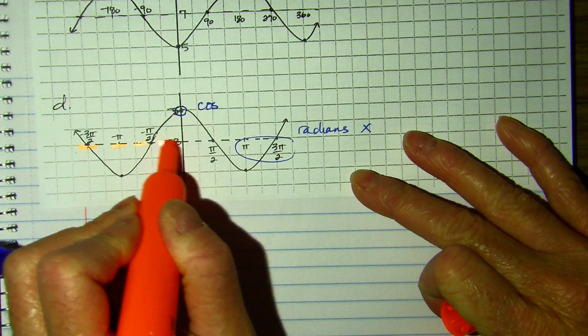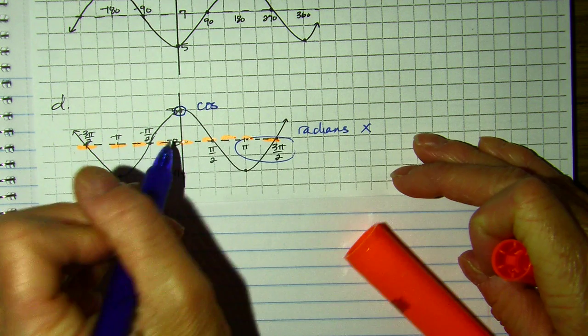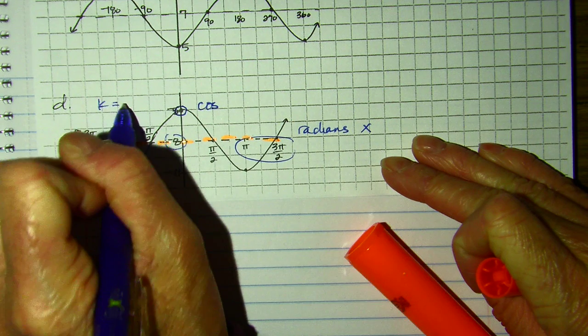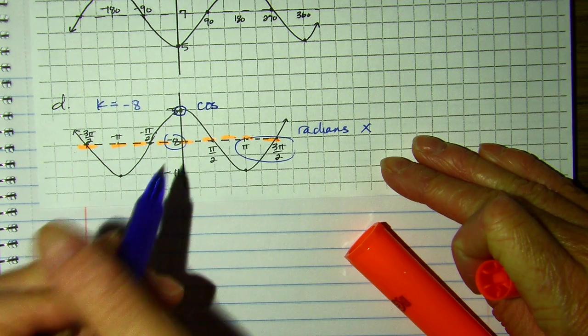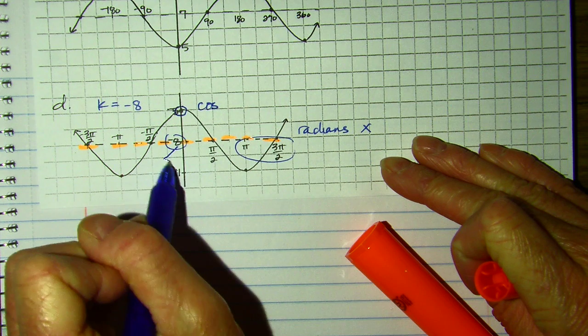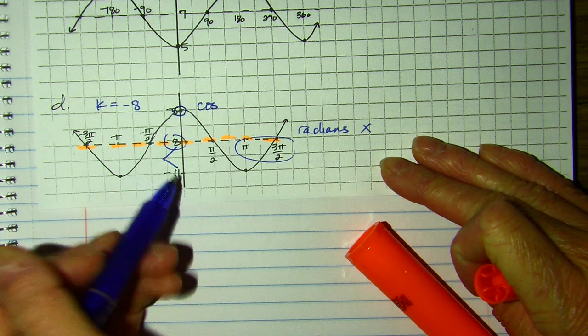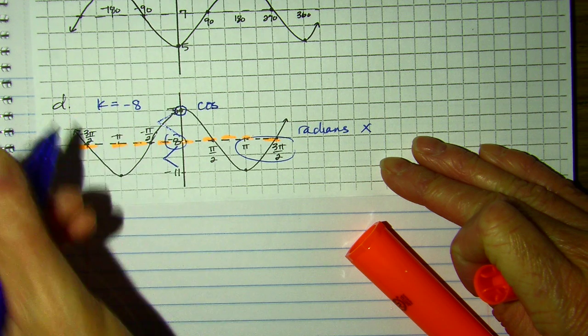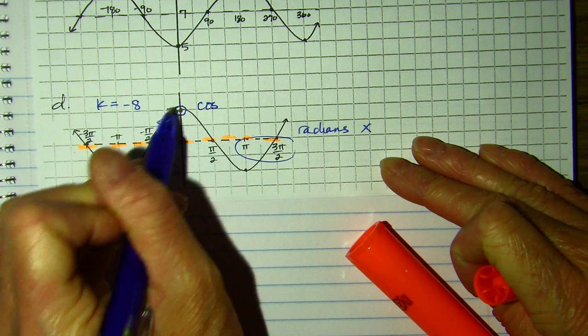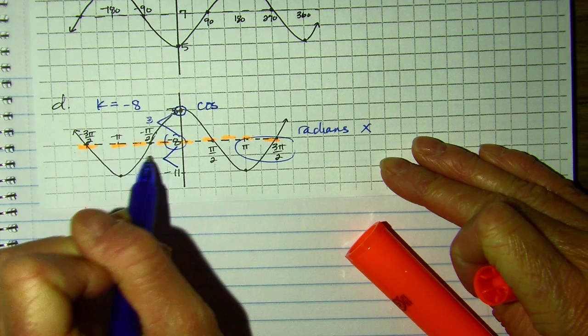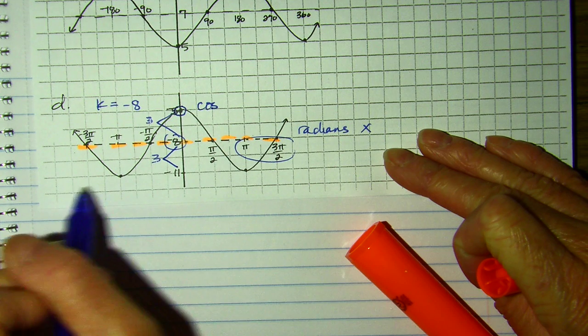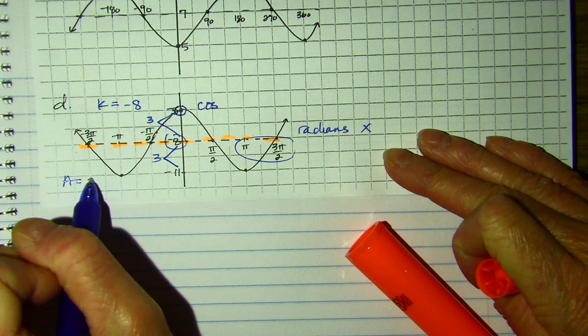I know my center line is at -8, so k is -8. Now amplitude, the distance from the center line down or the center line up should be the same, so the distance between -8 and -5 is 3. The distance here is also 3. So I know my amplitude is 3.